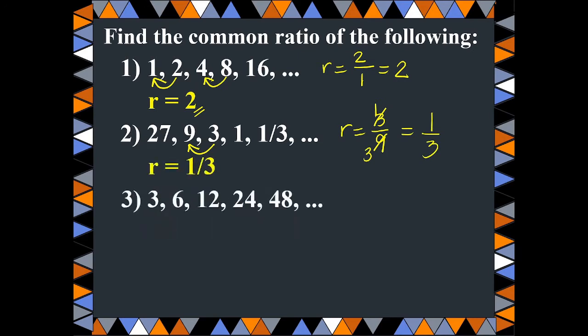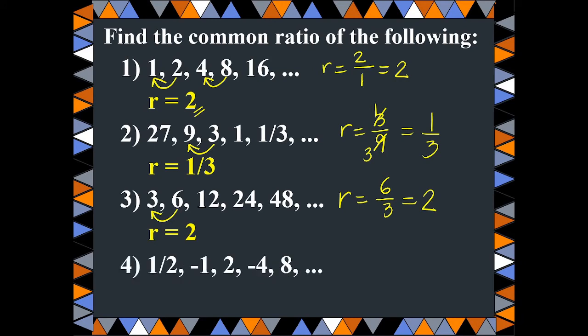Okay? Let's have example number 3. I'm going to choose 6 divided by 3. That will give us positive 2. So the common ratio for number 3 is positive 2. Let's have our fourth item. If I choose 2 divided by negative 1, the result is negative 2.